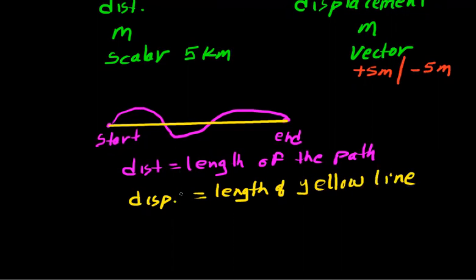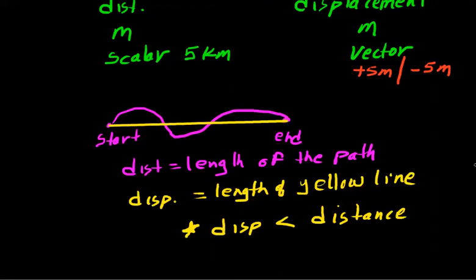Now obviously we all can see that the length of the yellow line will always be shorter than the length of the pink line. So we can say displacement is smaller than distance. This is one point over here. Okay, this is very important. Displacement is smaller than distance, or distance will always be greater than displacement.